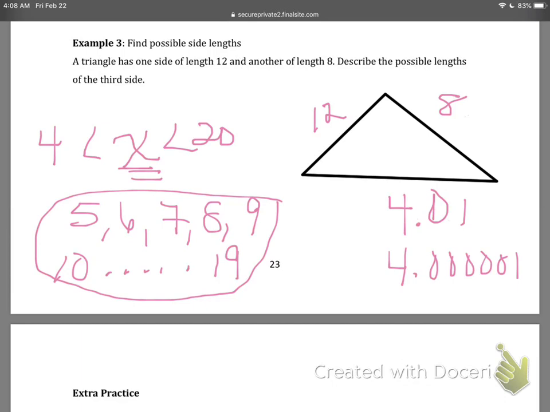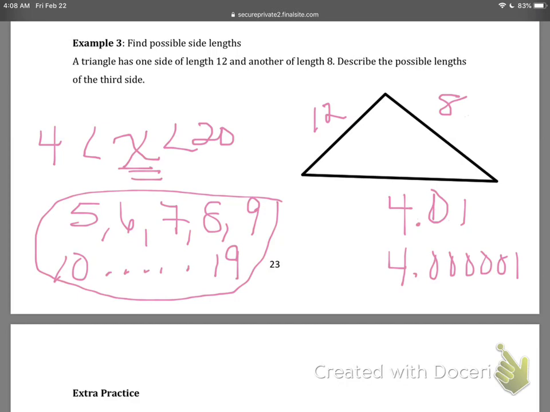So that's going to help you in a situation where the missing side is the largest side. If the missing side is the smallest side, subtract the two numbers you're given, and your x is going to be greater than that. As long as your x falls between 4 and 20, you will satisfy the requirements of a triangle.